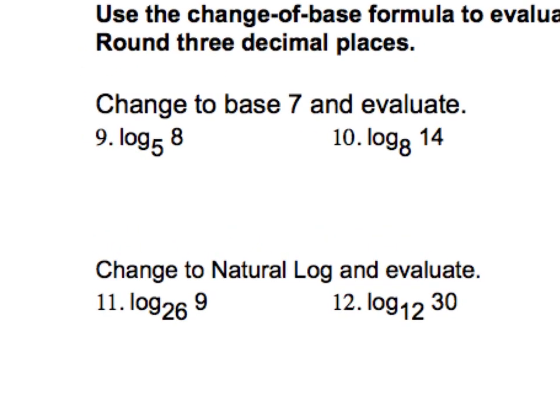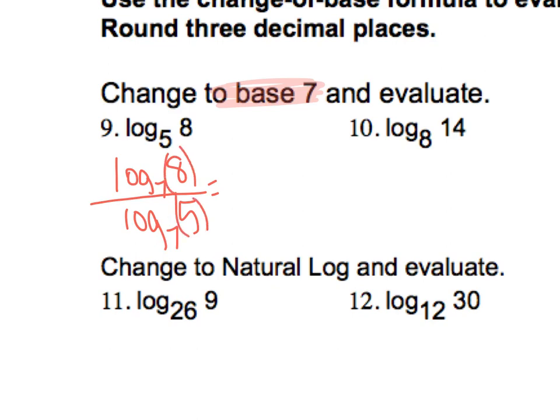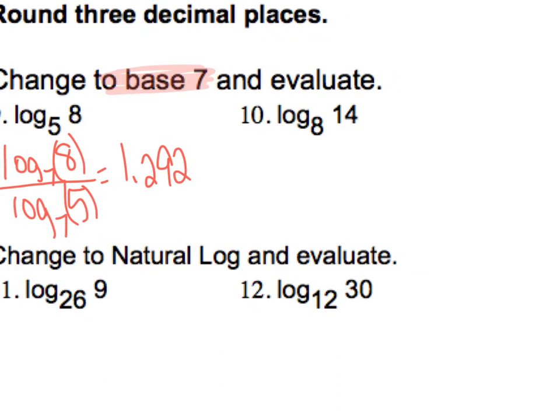So if I started at log base 5 of 8, and I wanted to change it to base 7, because that's what it says to do here, I'd have log base 7 of 8 divided by log base 7 of 5. And again, making sure we close all our parentheses in the calculator, we should end up at 1.292.